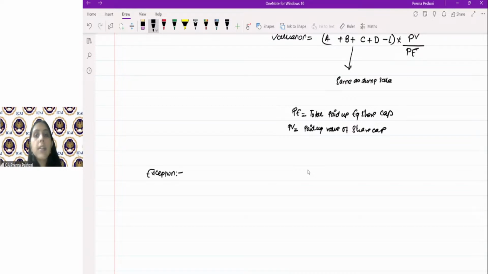Section 50CA not applicable to the company which has been transferred to the IBC or resolution.